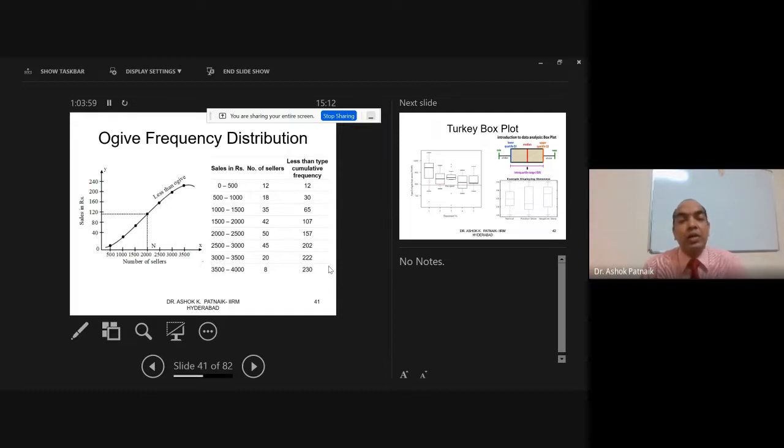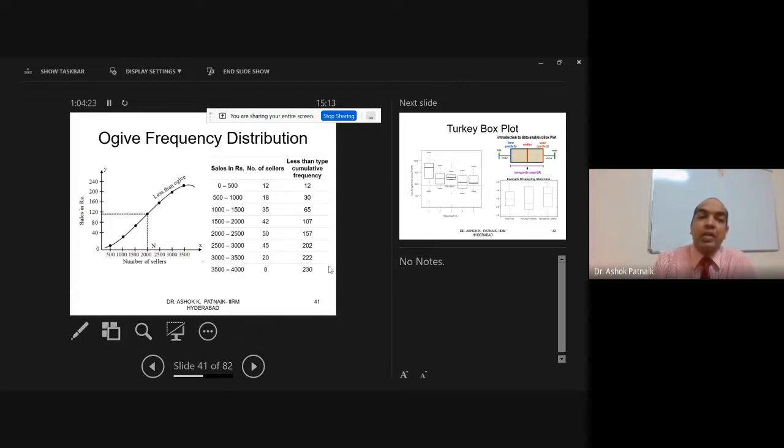And here, then you get a point which we call ogive point, and here you try to see whether points are falling above, is there any outlier or not. If there is an outlier, you need to think about it and you need to focus on that. Outliers are something which is extraordinary, which is not falling in this category.